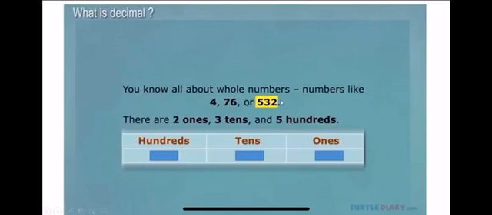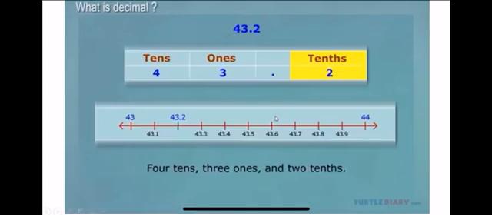We have to remember that we always start with ones, then with tens, then with hundreds. So the digit 2 is in the place value of ones, while the digit 3 is in the place value of tens, while the digit 5 is in the place value of hundreds. Do you remember the place value? Each digit of this number represents a different place value.